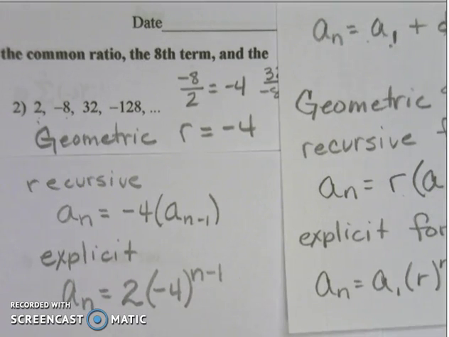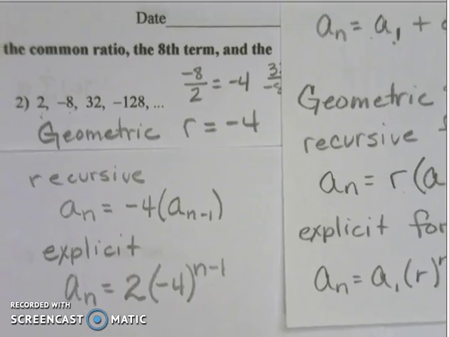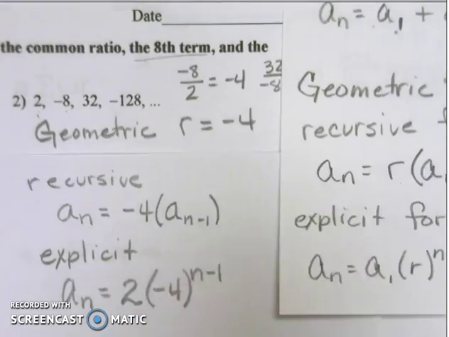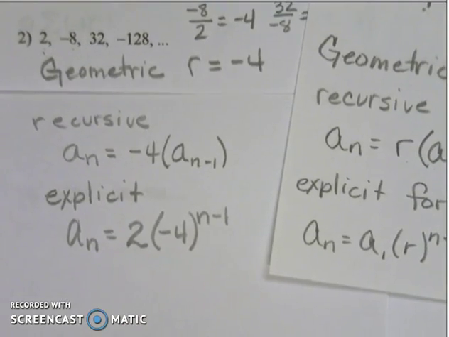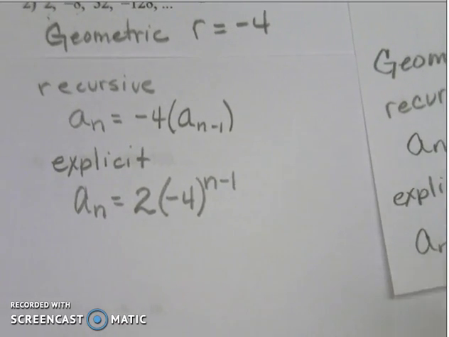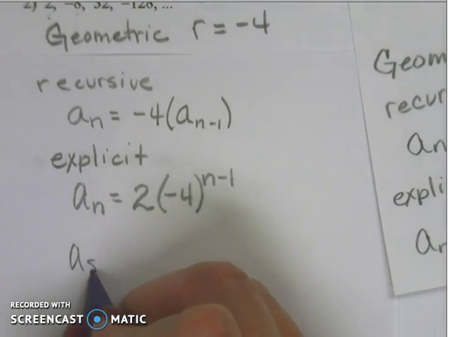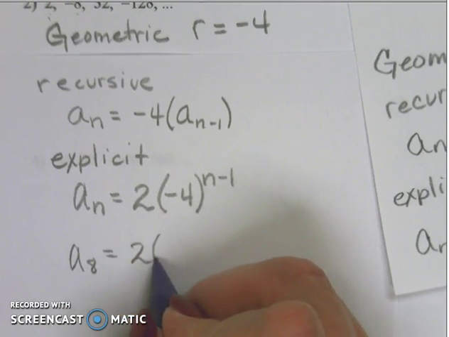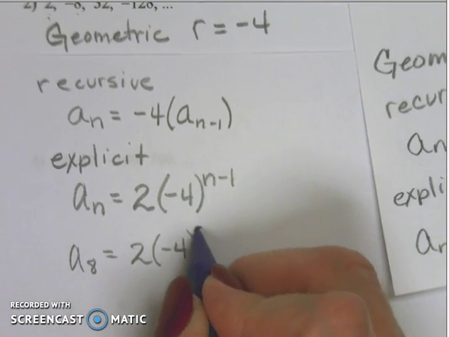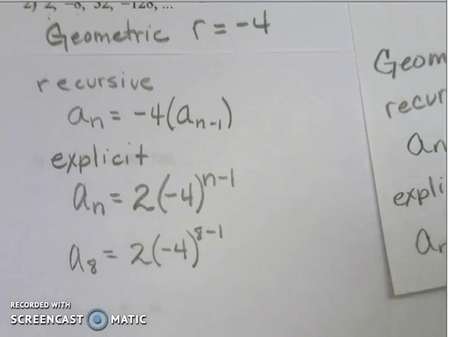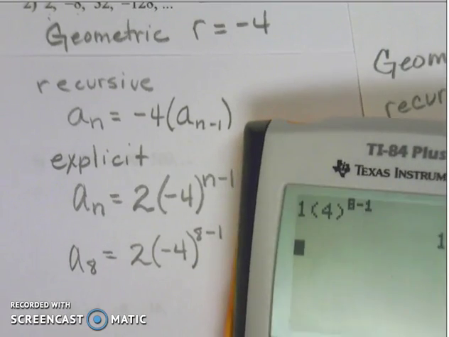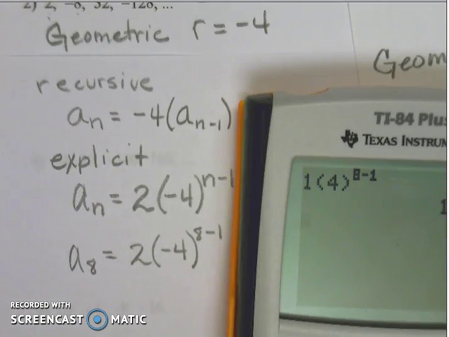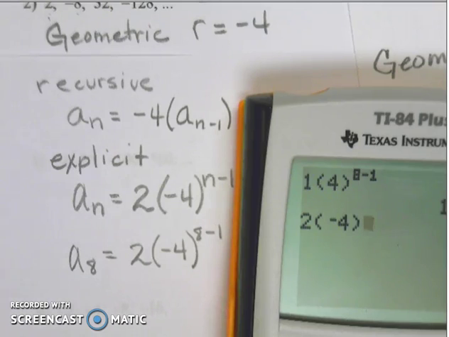Now, this also asks you to find the 8th term. So I'm going to take where the n is and plug in the 8. So for the 8th term, 2 times -4 to the 8 minus 1. Again, I'm going to pull up my calculator and type that in. 2, parenthesis, -4, parenthesis, caret 8 minus 1, arrow over.